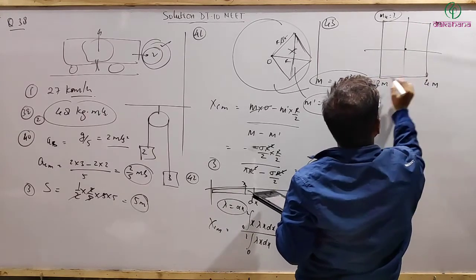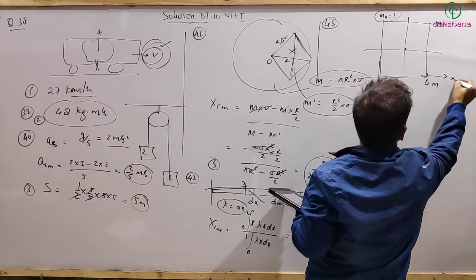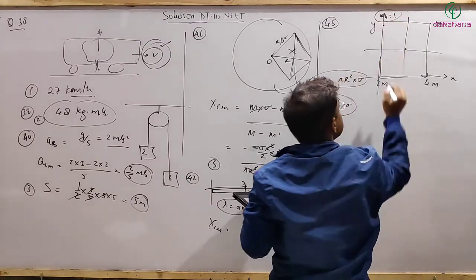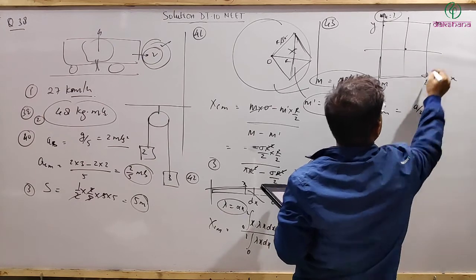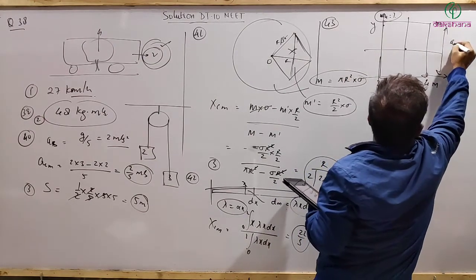I take this corner as the origin, this is the x axis, this is the y axis. Then I can write ycm should be equal to a by 2, if I am taking the side as a.